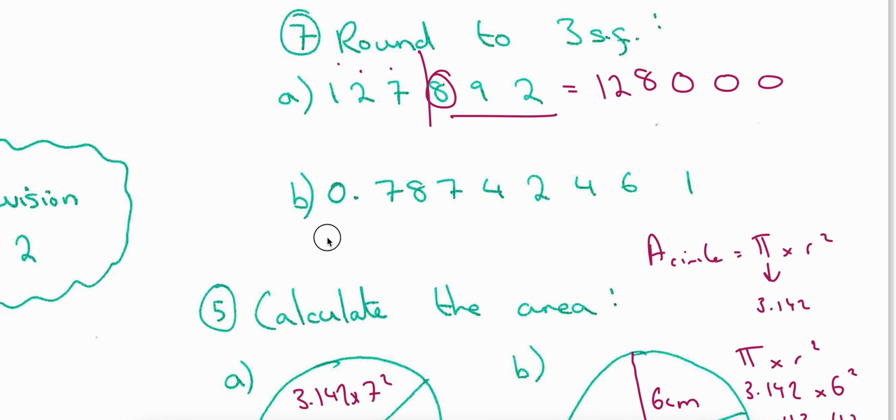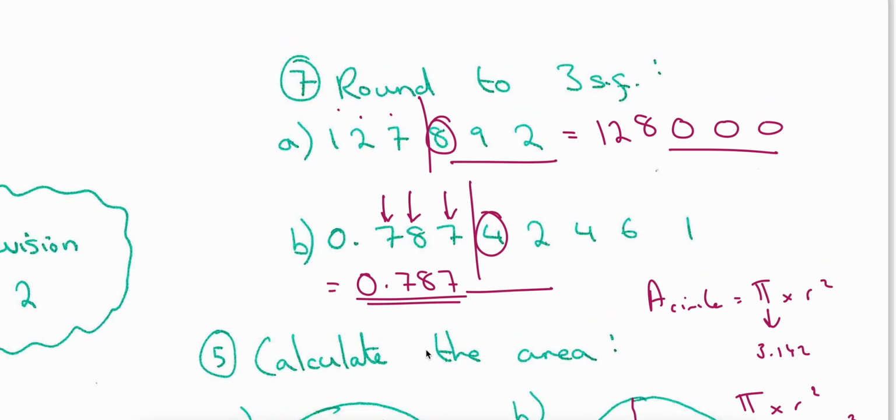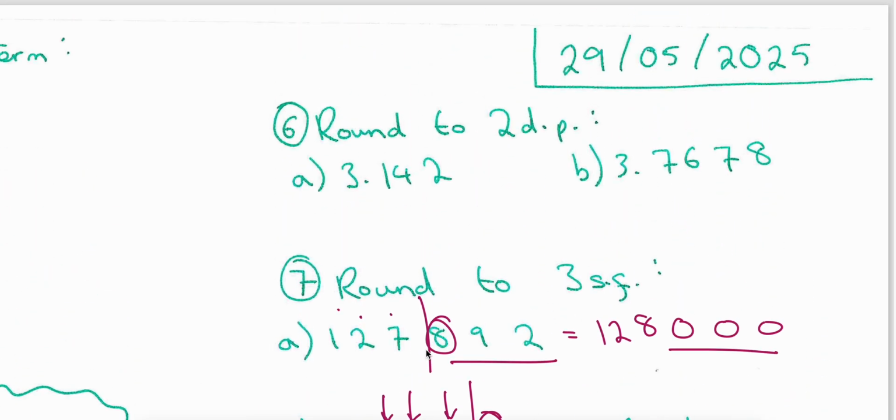The next one, remember the 0 at the front is not significant, so first significant, second and third. Draw a line here. The 4 will make it stay the same, so it's 0.787 to 3 significant figures. If you put more zeros on, unlike here, where they add value, they would not add value here, so there is no need to add those zeros on, okay?